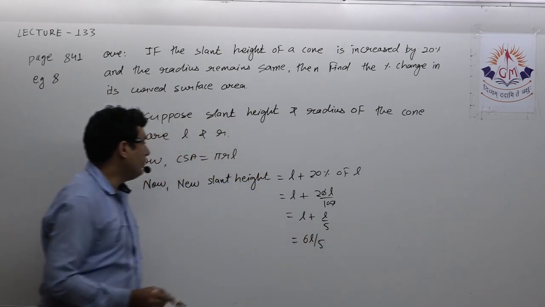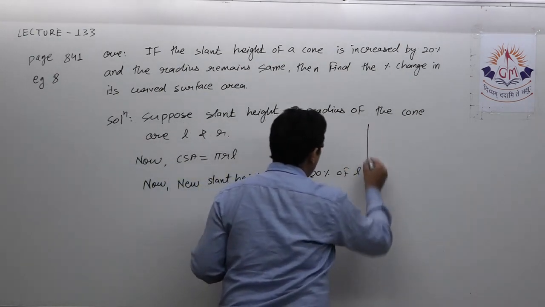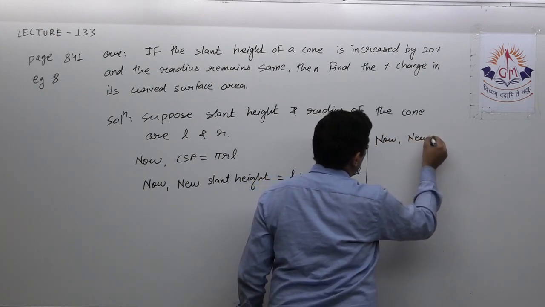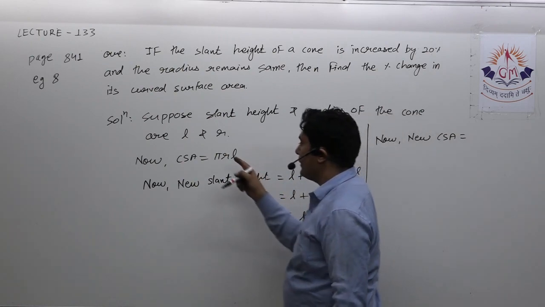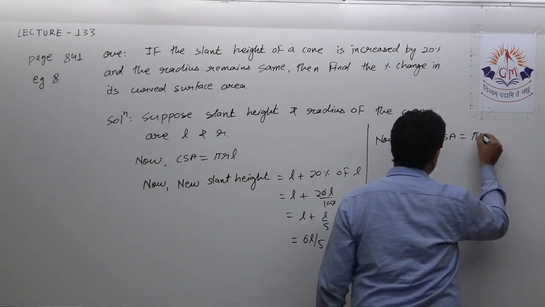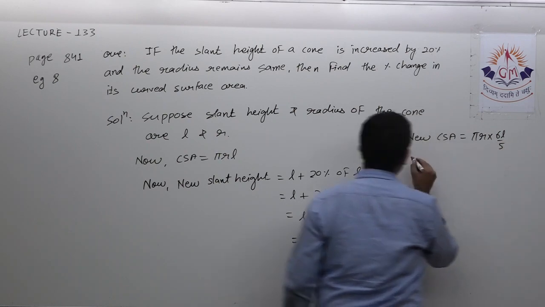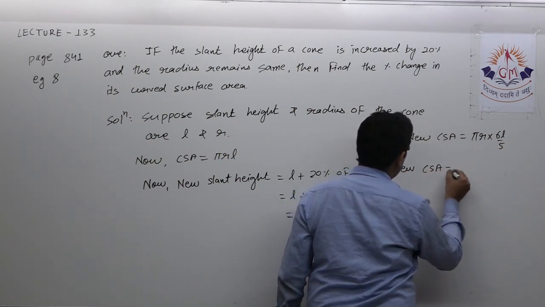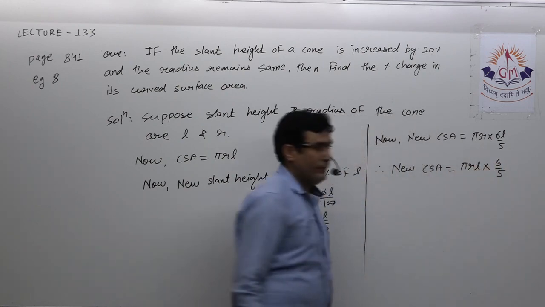That is the new slant height. Now the radius is the same, so we'll find the new CSA. Curved surface area is pi into radius into slant height, so new CSA is equal to pi R L into 6 upon 5.